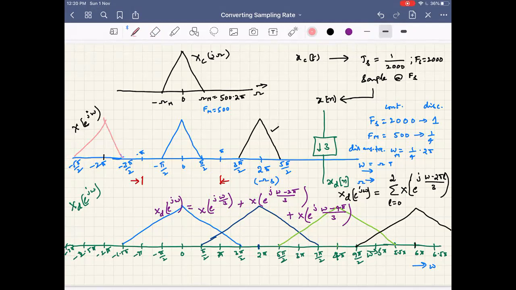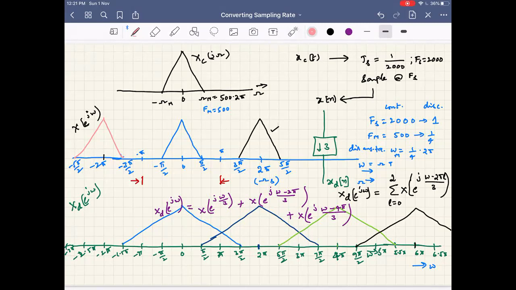Right, so where does this occur? Its replica will be there at, say, minus 2 pi. So it will start from minus 6 pi. Minus 6 pi is first its replica in this other direction, but it will also have one at minus 4 pi, that is minus 6 pi plus 2 pi, minus 6 pi plus 4 pi.